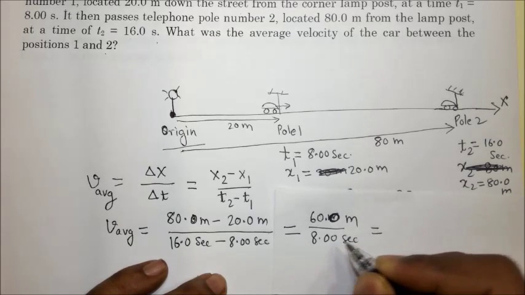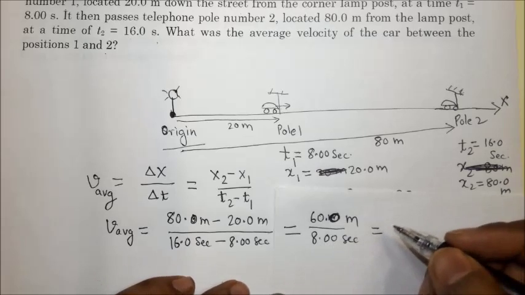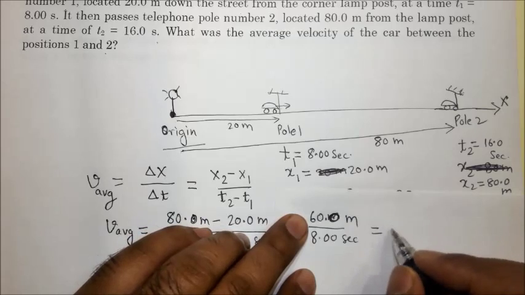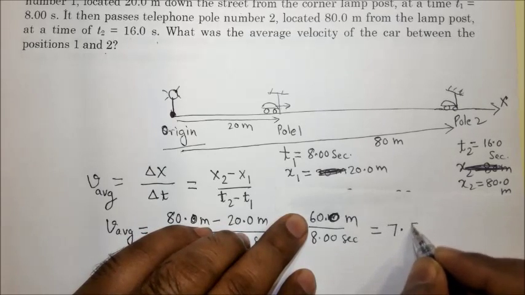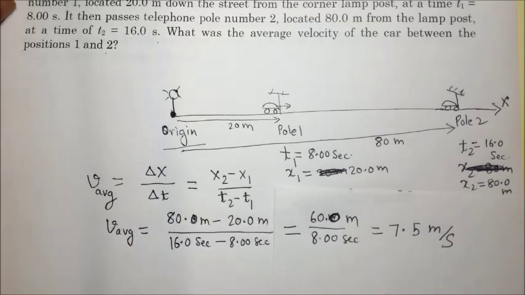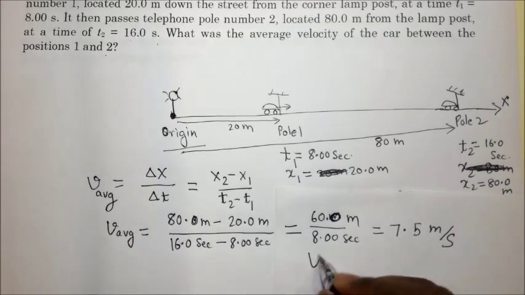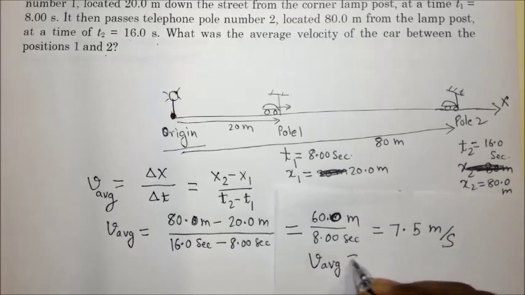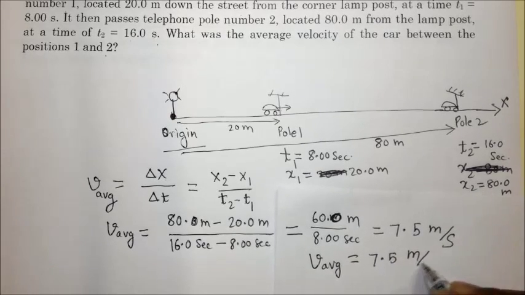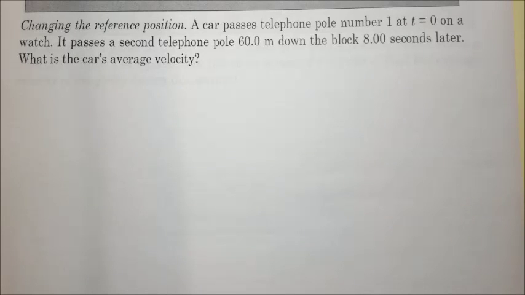The answer comes 7.5 meter per second. So V average is 7.5 meter per second. Let's do another example.